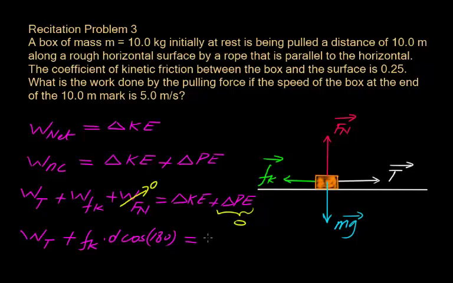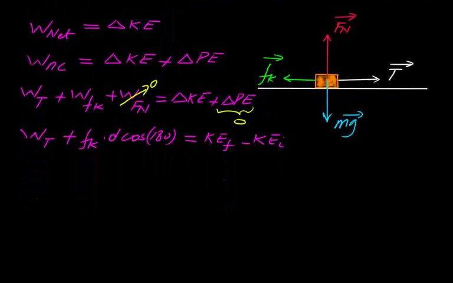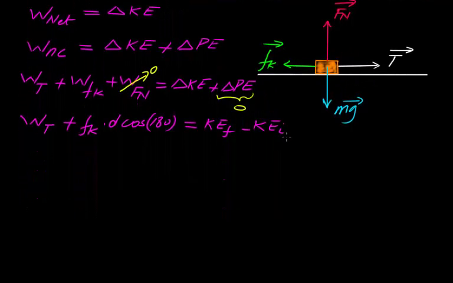This equals the kinetic final minus the kinetic initial. Notice that the kinetic energy initial is equal to zero because the object starts from rest. All that is left for us to do now is to find the expression for the friction force Fk.